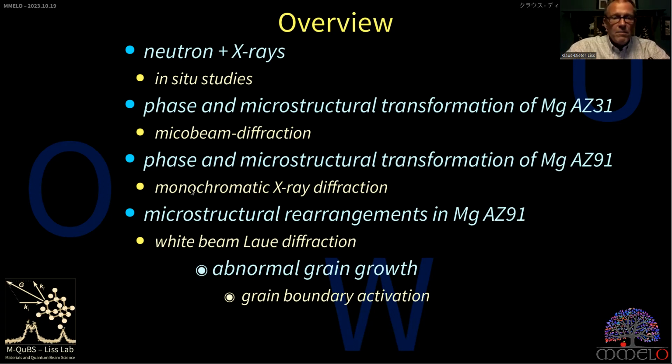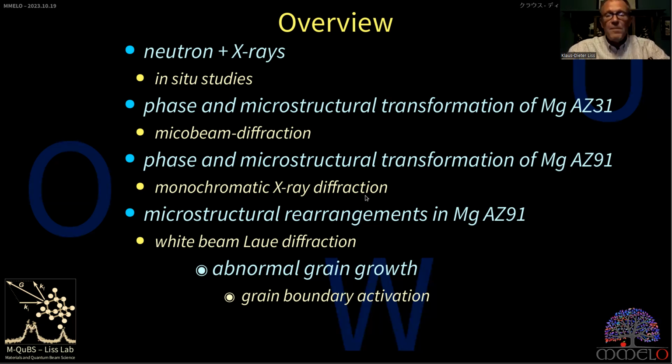Also, 1.5 years or 1 year ago, we published a paper on phase and microstructural transformation of magnesium AZ91, together with AZ31, but here I want to focus or give some complementary insights on AZ91 using monochromatic X-ray diffraction.